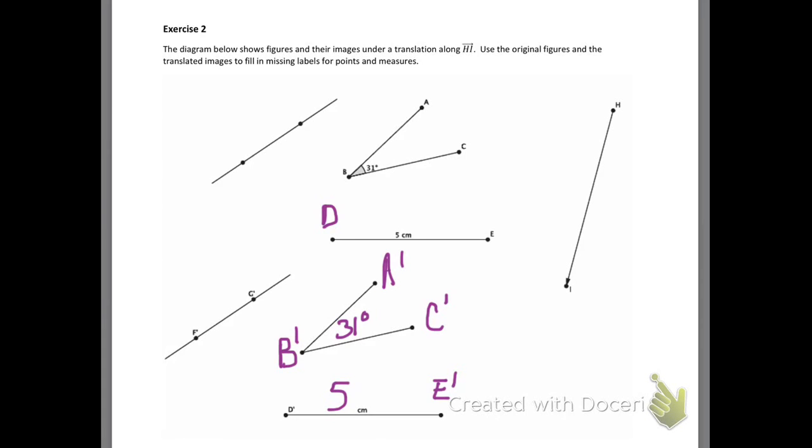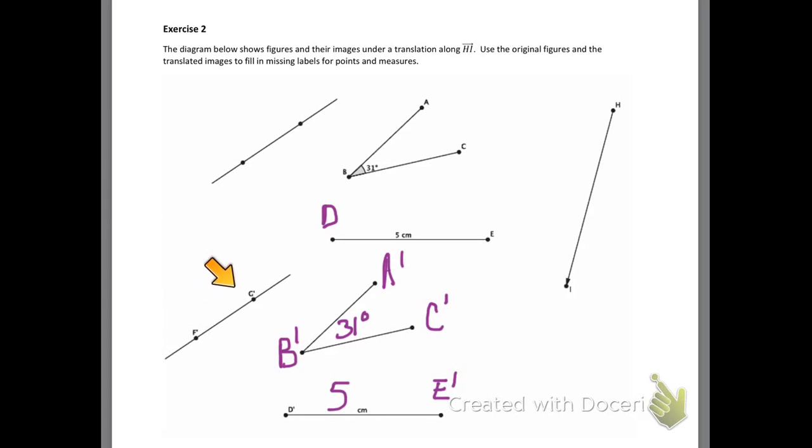Okay, so now we have these two lines that clearly are images of one another under the same translation. So let's look at these points, F prime right here and G prime.